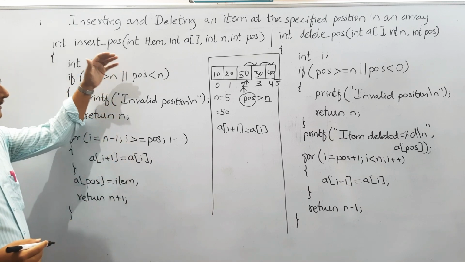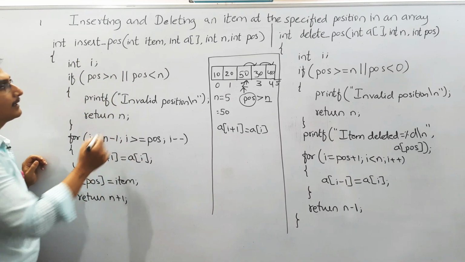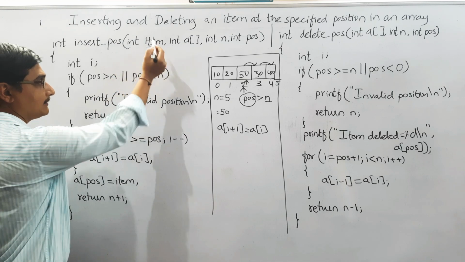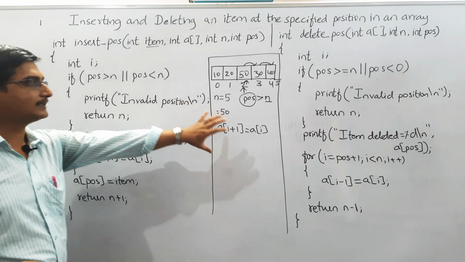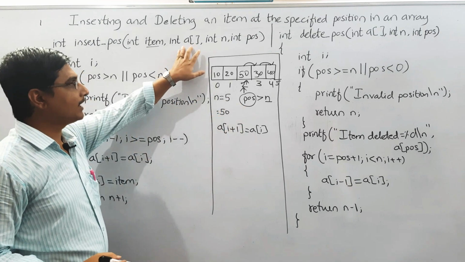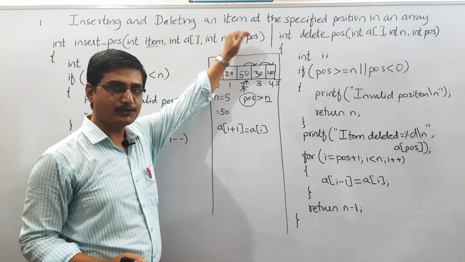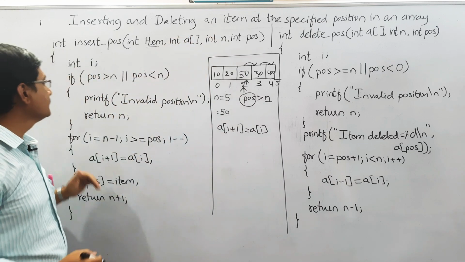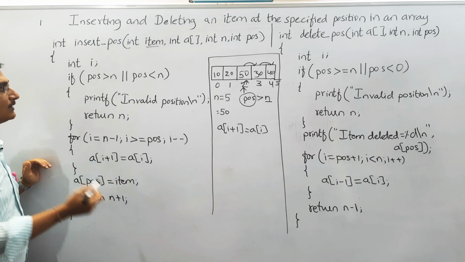So let me explain this function programmatically. We are passing some parameters like the item we want to insert. This is a generic function; I have discussed a specific example. And the array, the number of elements in the array, and the position at which we want to insert an element. We need an index variable to traverse through the list.